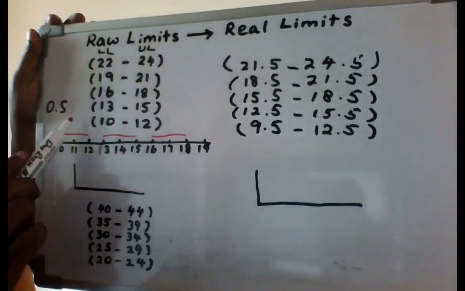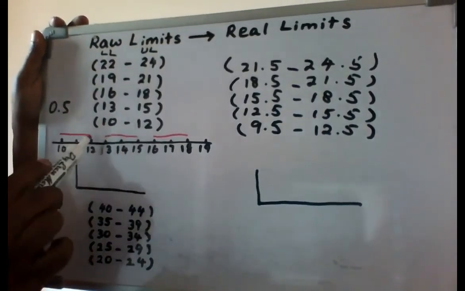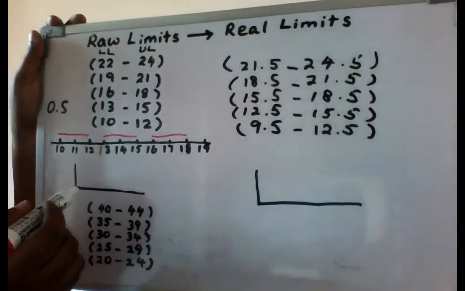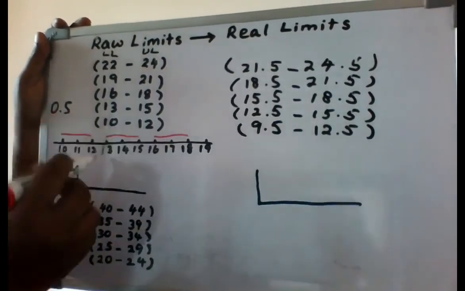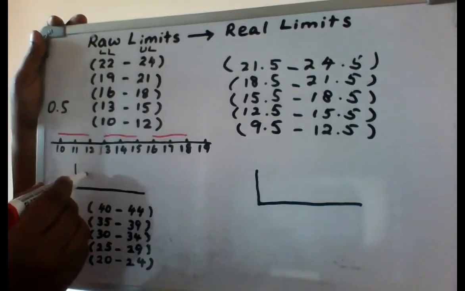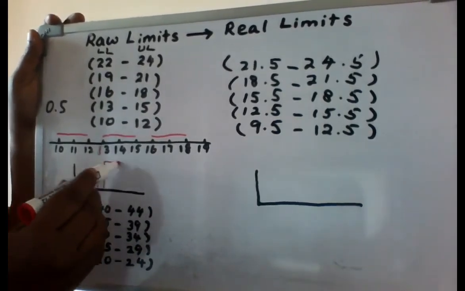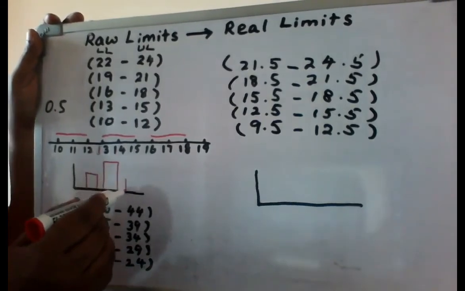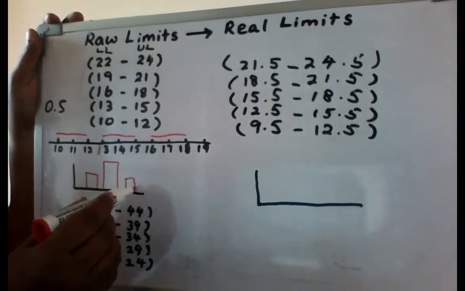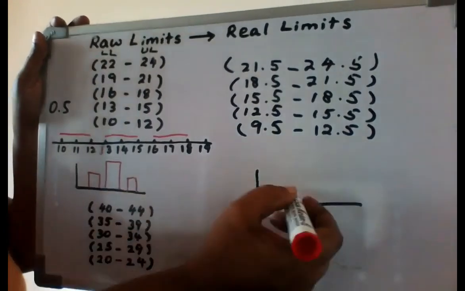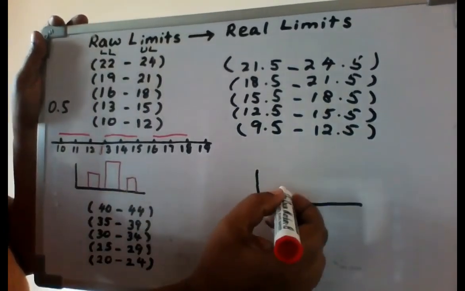In this case, in row limits, there's a gap. When you draw a histogram with these row limits, it will be like this. This is not a histogram, this is a bar graph, with gaps. But in your syllabus, you will have to draw something like this.